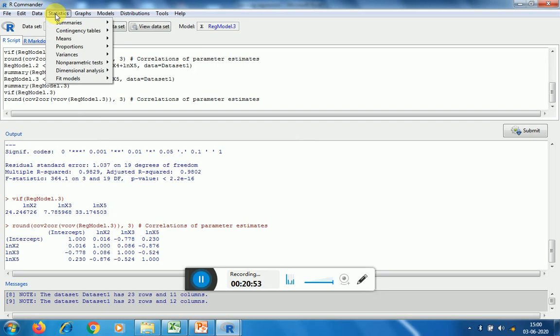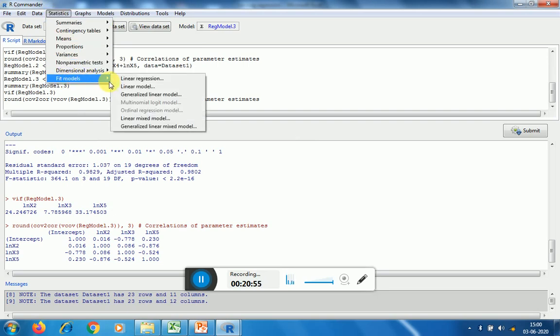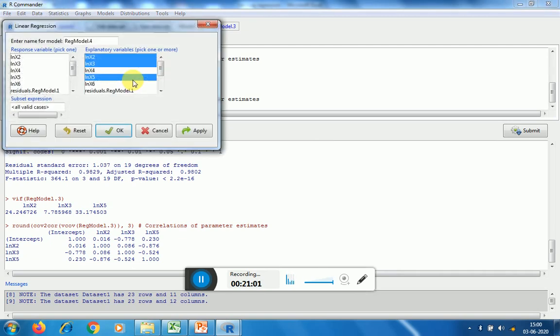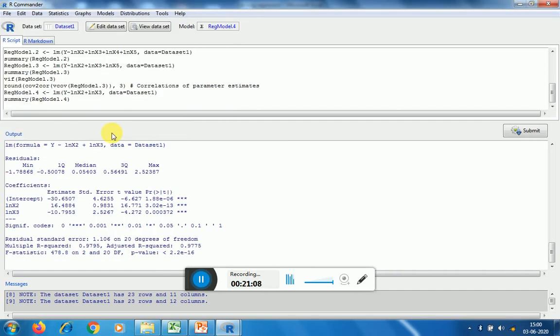Now I click on statistics and eliminate x5 from the regression equation. After eliminating this, you can see that x2 and x3 are all significant at the 1% level of significance.